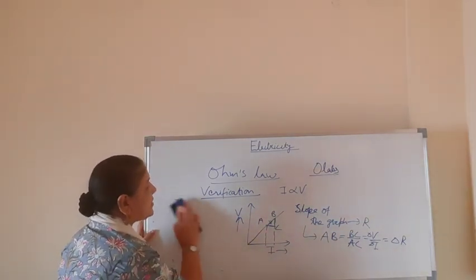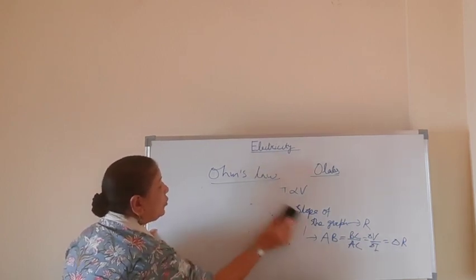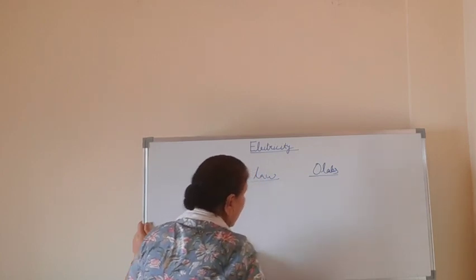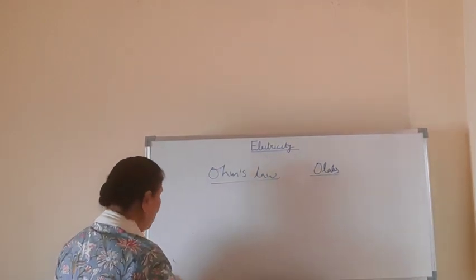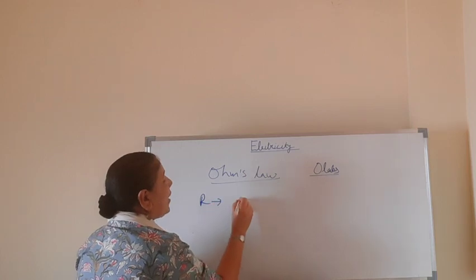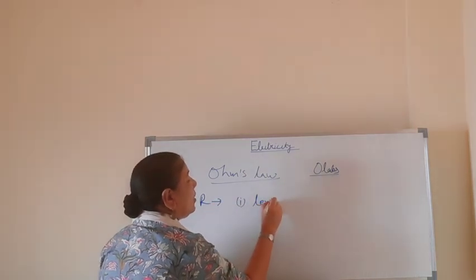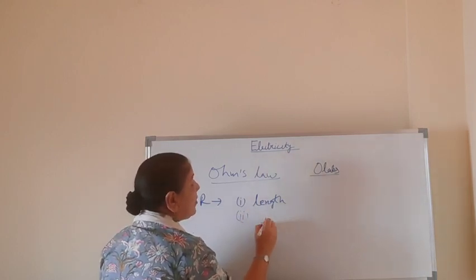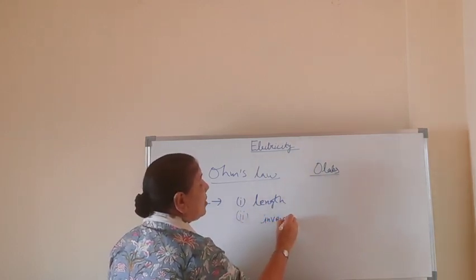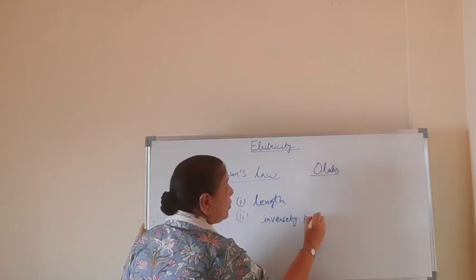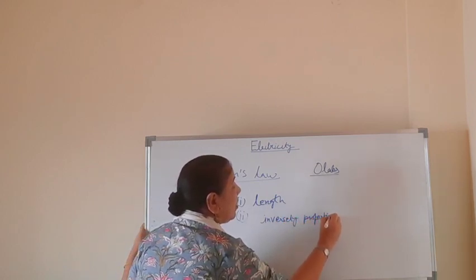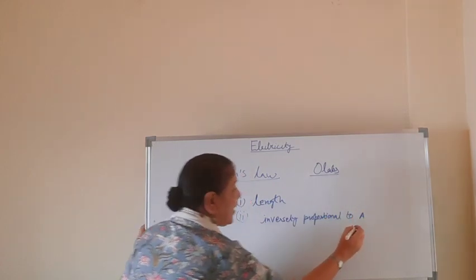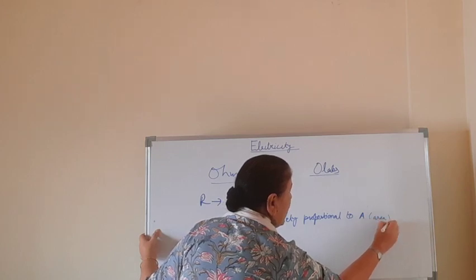This resistance, I hope it's clear to you. This resistance is also directly proportional to one, length of the conductor, two, inversely proportional to the area of the conductor.